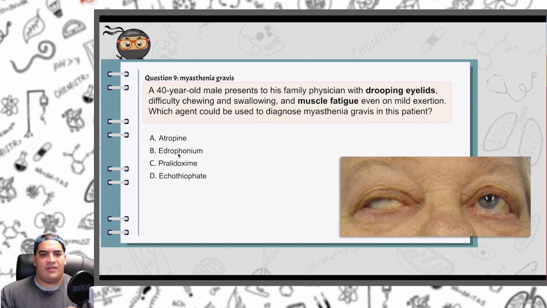A 40-year-old male presents to the family physician with drooping eyelids, difficulty chewing and swallowing, and just general muscle fatigue, even on mild exertion. Which agent could be used to diagnose myasthenia gravis right then and there in this patient? So obviously we send off the acetylcholine nicotinic receptor antibody. That's obviously the diagnostic test. But we can give them a very specific drug that's very short acting, lasting maybe 1 to 2 minutes.